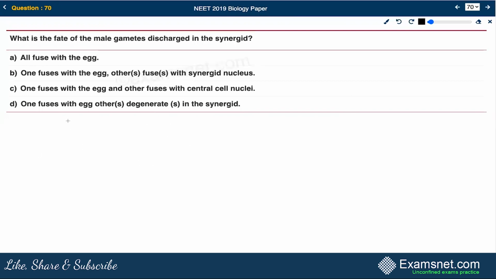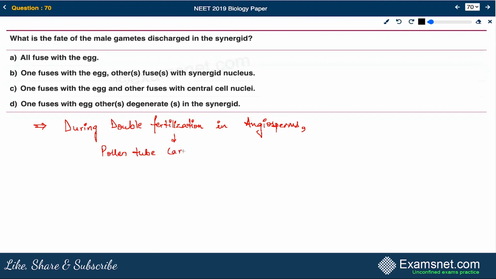Now let me tell you that during the process of double fertilization in angiosperms, that means in flowering plants, the pollen tube carries the two male gametes. We know this fact.